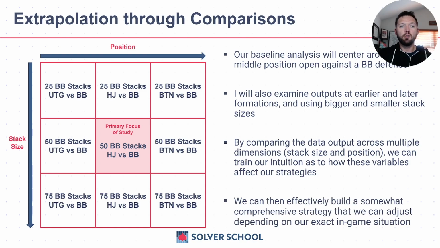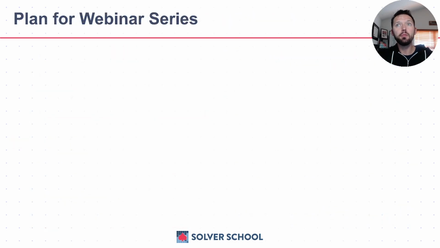We can then build out that comprehensive strategy and adjust it depending on the exact in-game situation that we are in. Again, that's my theory for this particular analysis. We'll see how that actually plays out when we dive into the data itself. But either way, I think this is going to give us a fairly robust data set that we can use to build a pretty comprehensive strategy.